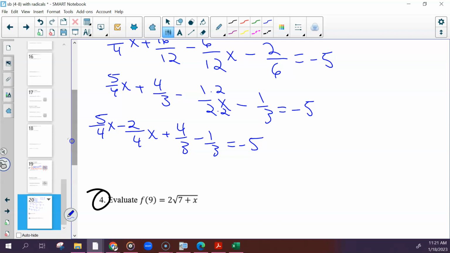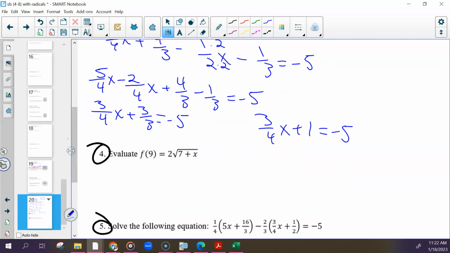So now they all have common denominators. Add or subtract just your numerator. So 5 minus 2 will give us 3. 4 minus 1 will give us 3. Simplify the 3 over 3. We have 3 over 4x plus 1. Get rid of the +1 by subtracting it to the other side.